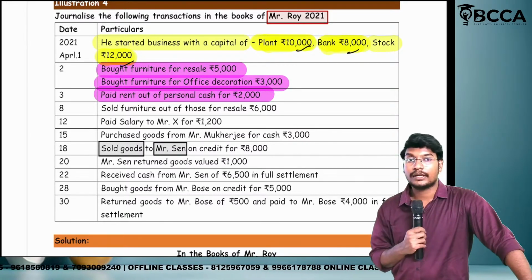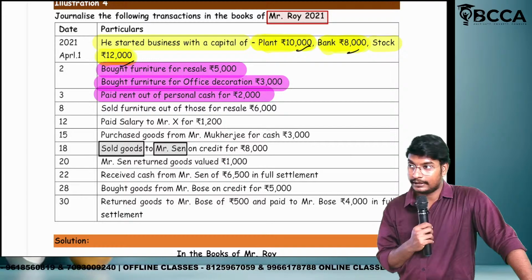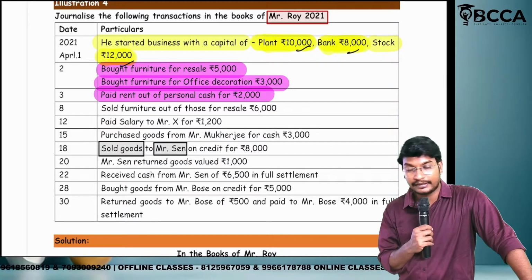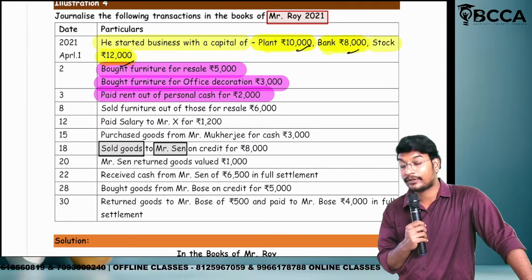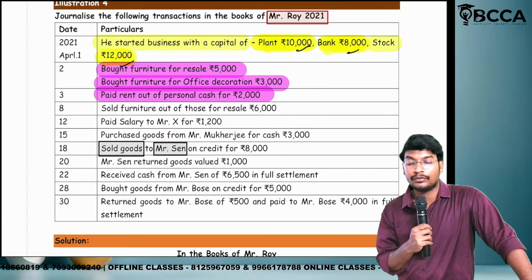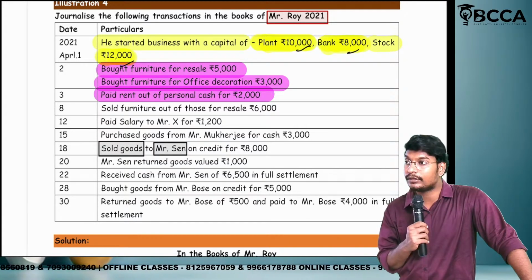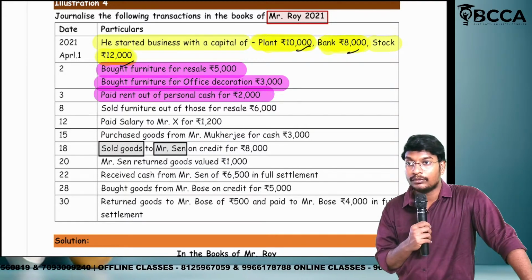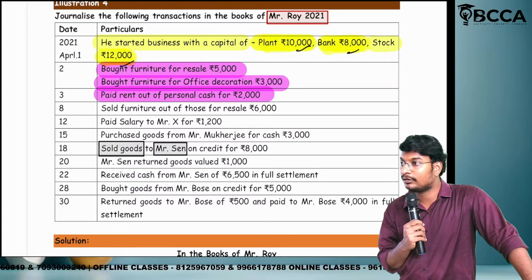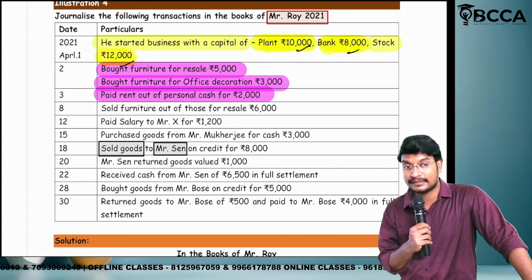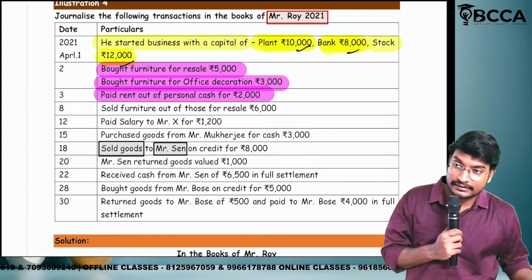2,000. Okay? Did we pay the rent, or did the owner pay the rent? The owner paid for the business from his personal cash. The owner has not utilized the business amount; the owner has used his personal amount to pay the shop rent.